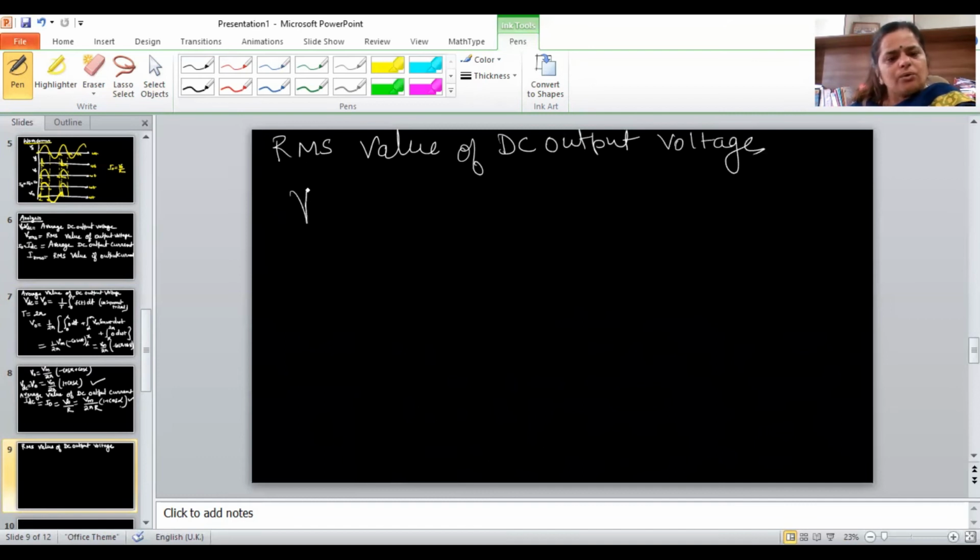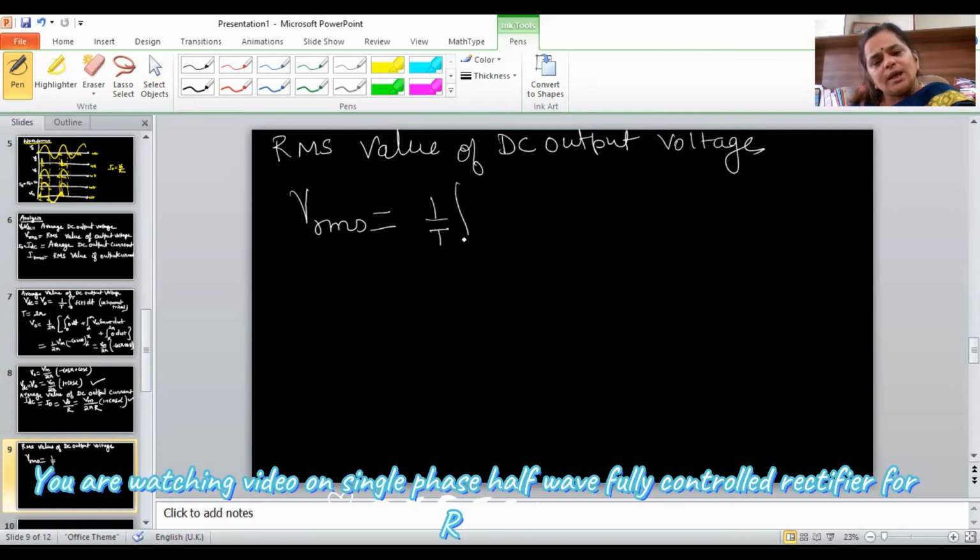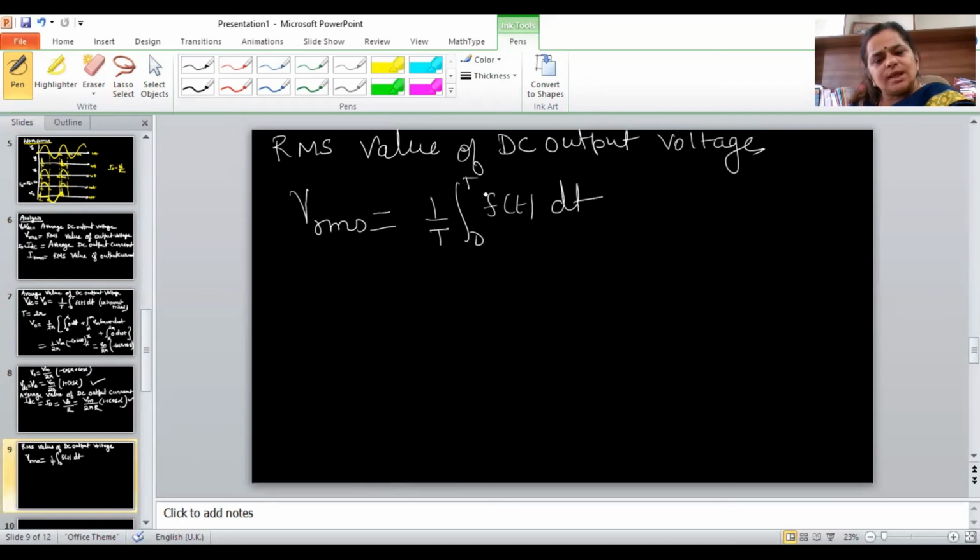So we know Vrms is equal to 1 upon T integration 0 to T of f square T dt, and the under root. What is the meaning of RMS? Root mean square value. So we have to do the integration, meaning mean, and square root, mean square value.